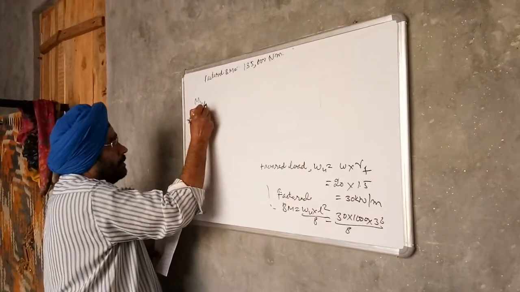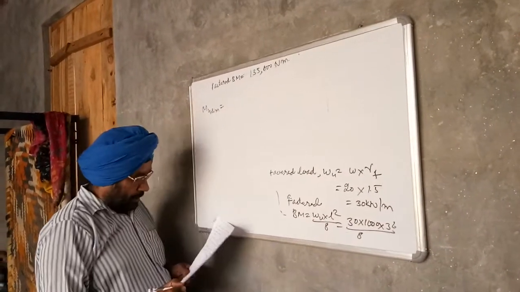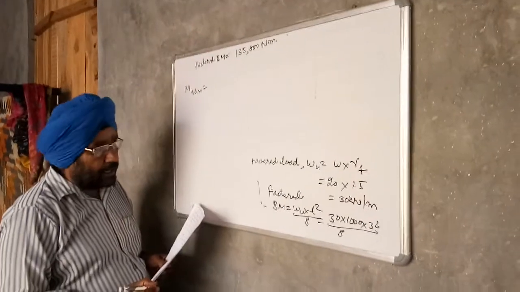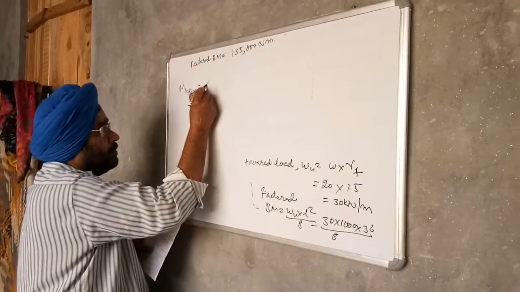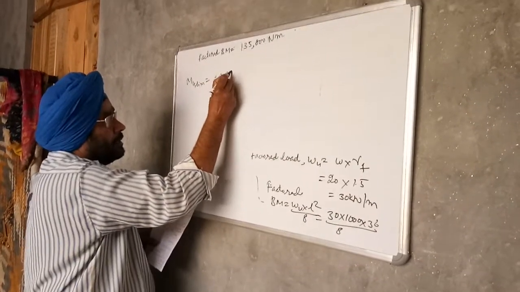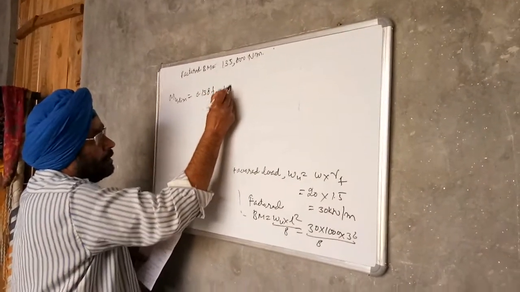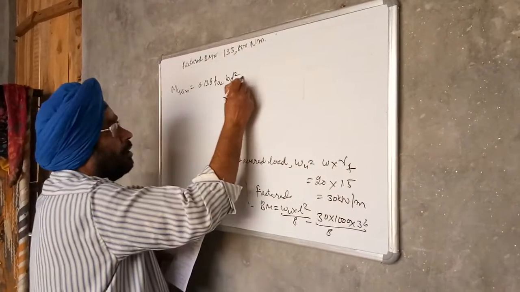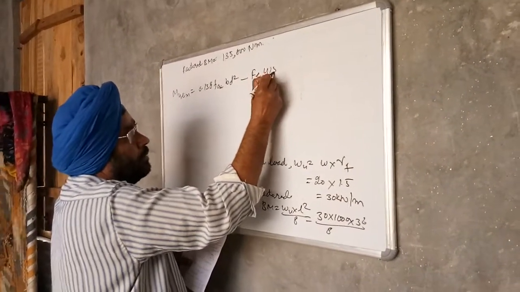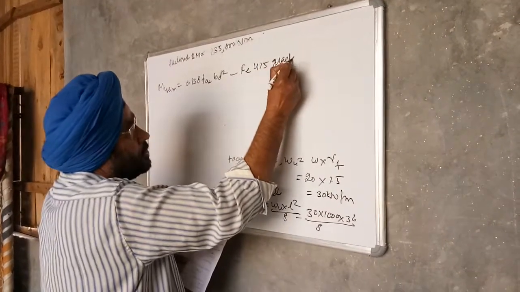And limiting moment of resistance of the beam section for Fe 415 grade steel is 0.138 fck b d square.